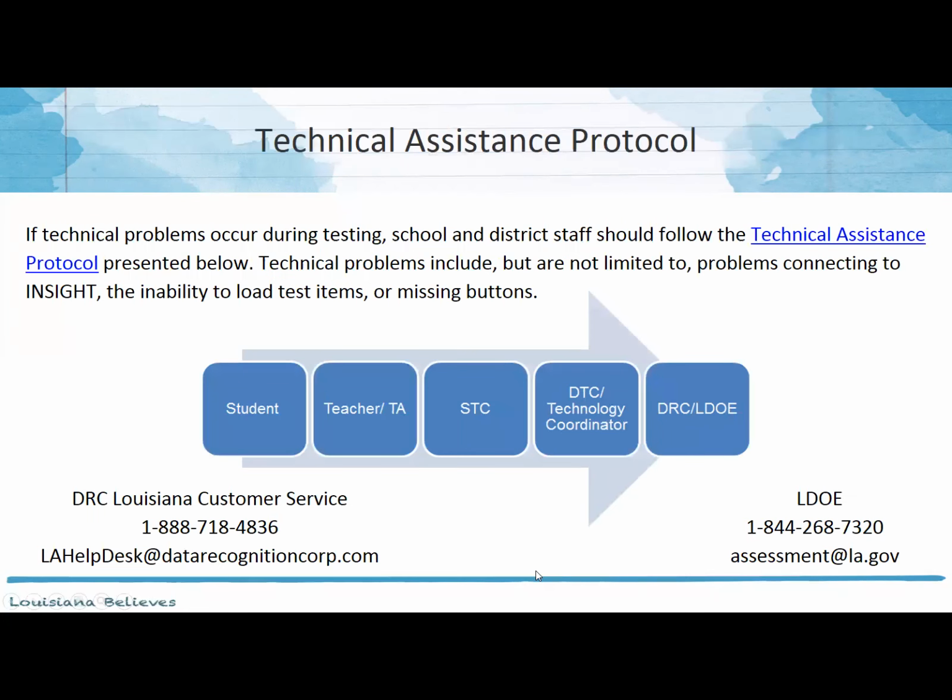And as you all know, this is the protocol for communication that we have at the department. So during testing, we or DRC should be the last point of contact for a situation after steps have already been done. So if a student notices something incorrect in the system, their password isn't working, the audio is not working, they should raise their hand, and there's a TA in the room that test administrator should troubleshoot.